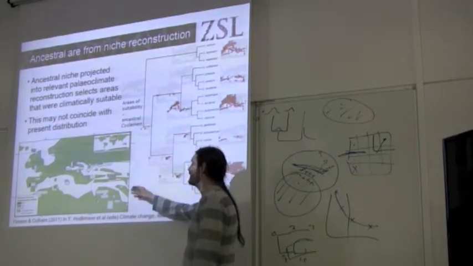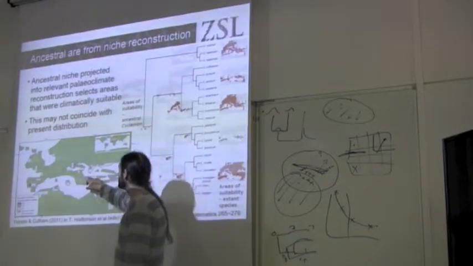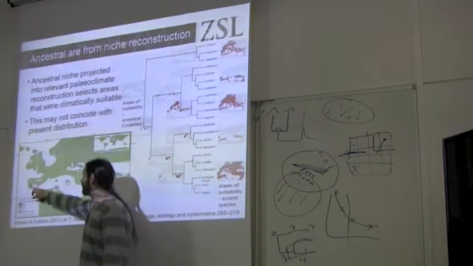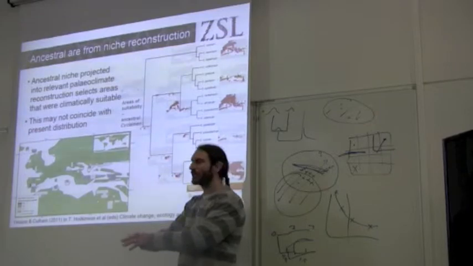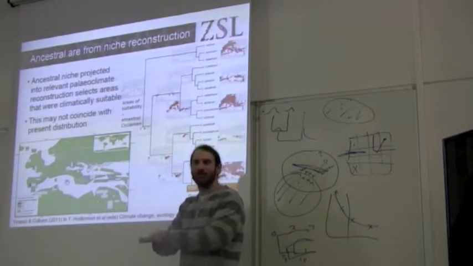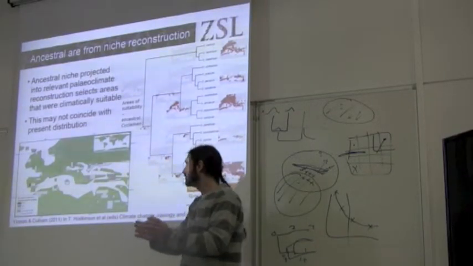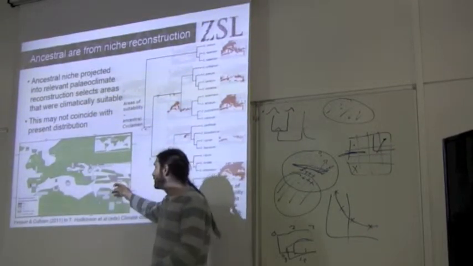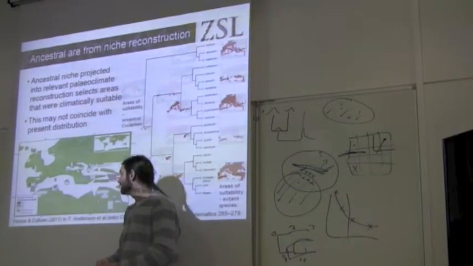But what we can say is that the grey areas are the sort of grayscale, black, dark grey, light grey, are our BIOCLIM model, where the black represents all of the environmental parameters that are within the range of our reconstructed niche. The light grey, one of them is outside, but most of them are, and the really light grey, maybe just one is inside.